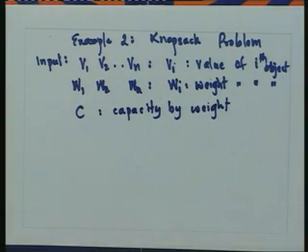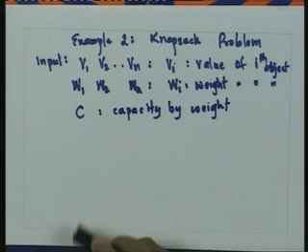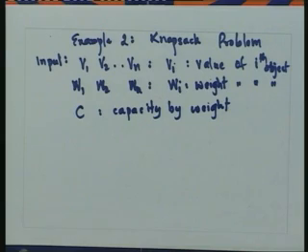The problem should be obvious by now. We want to determine which of these objects we should place in the knapsack such that we don't exceed the capacity of the knapsack and such that we are picking up objects of maximum value.